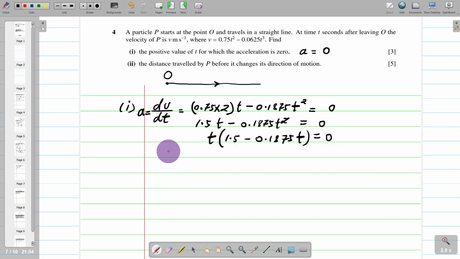So this means either t is equal to 0, which is one of the results, or when we have 1.5 minus 0.1875t being equal to 0 and we make t the subject, we're going to divide 1.5 by 0.1875, and that is what will give us 8 seconds.